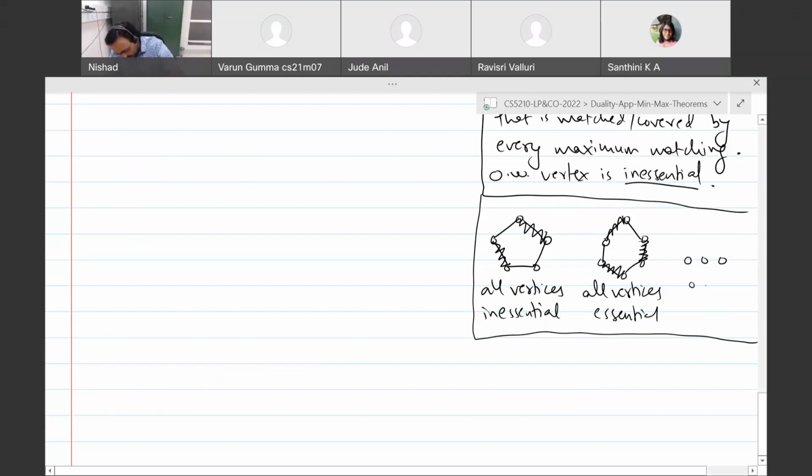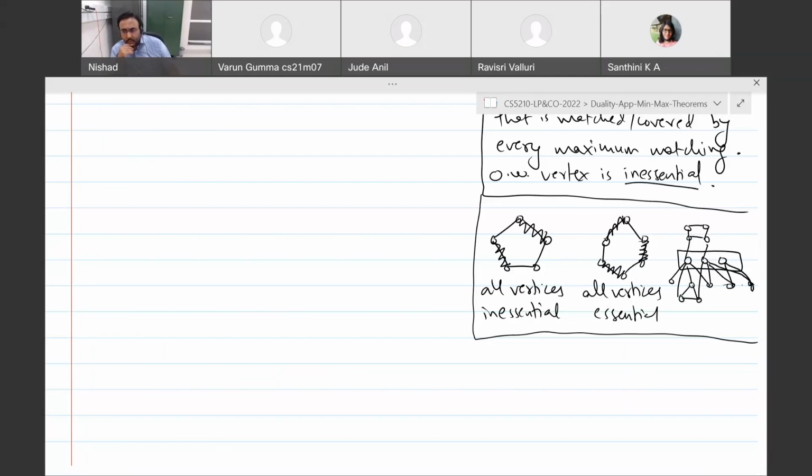Maybe I'll give you one more quick example. Maybe let me make it a barrier. So this is going to be your barrier, and I can put one even component over here. In this example, notice that there is a matching that leaves exactly two vertices exposed.